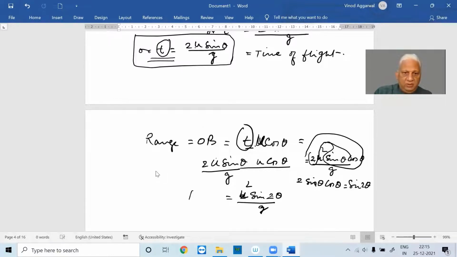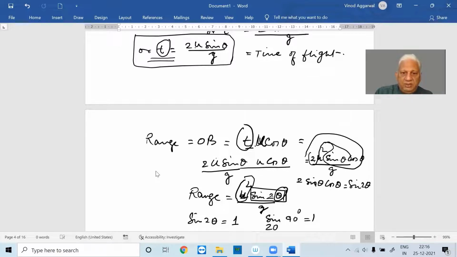Now if you see, this is range. If we have a fixed initial velocity, but we are free to choose our angle, what angle should we choose so as to get maximum range? Which will be when sin 2 theta is maximum. Sin 2 theta maximum can be 1, which means sin 90 degrees is equal to 1.